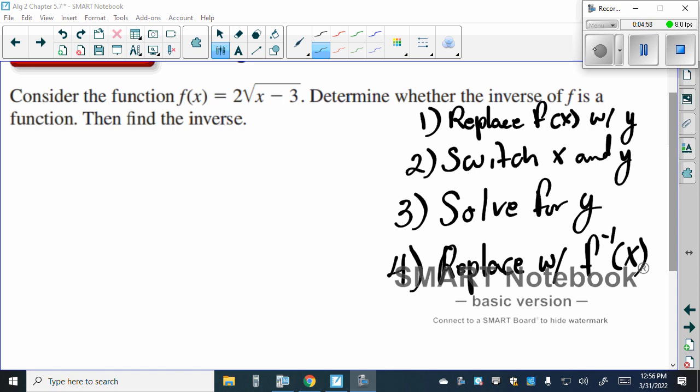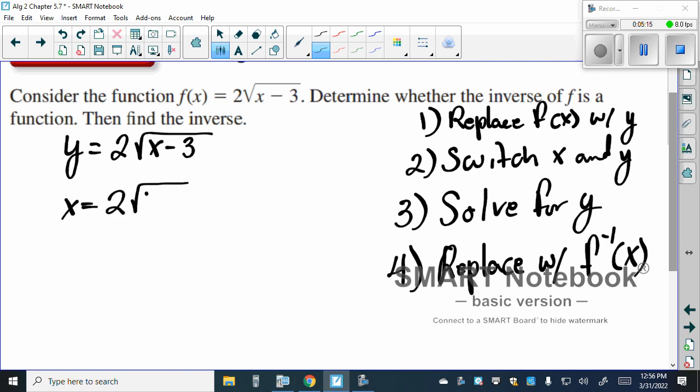Now, our first step is to replace f of x with y. So we could say y is equal to 2 times the square root of x minus 3. Well, the second step is to switch x and y. So we say x is equal to 2 square root of y minus 3.